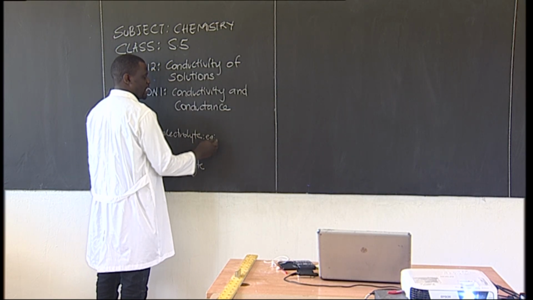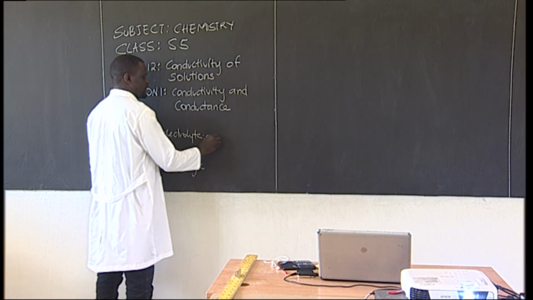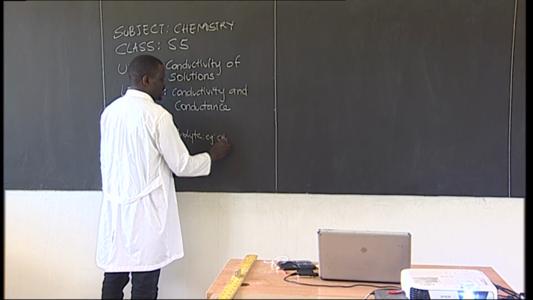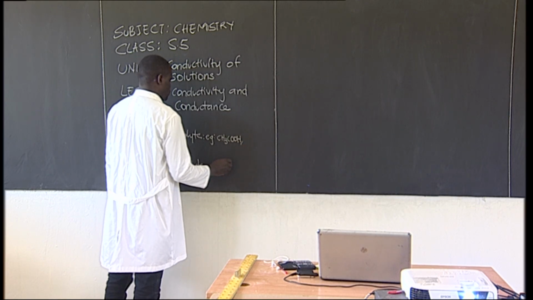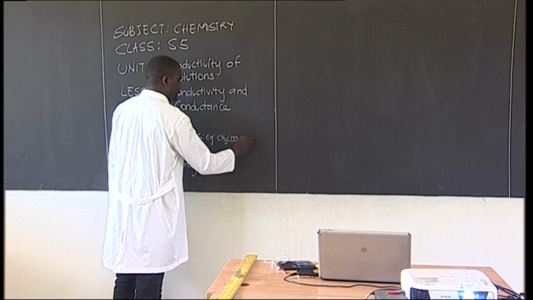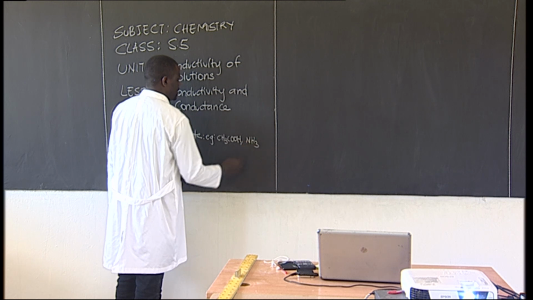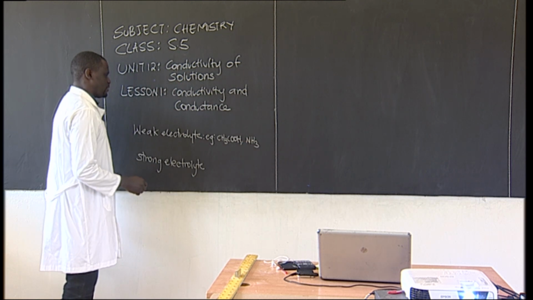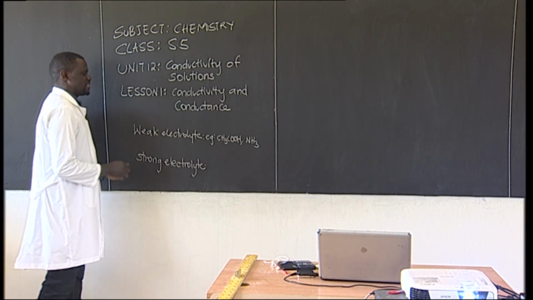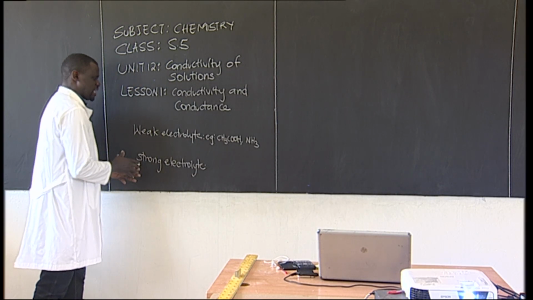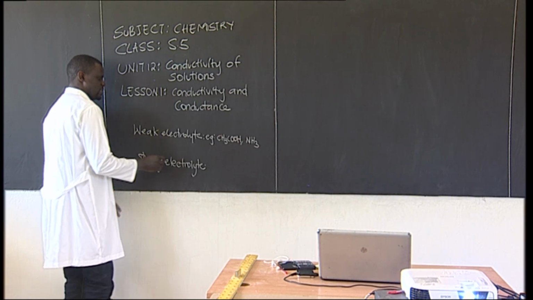Examples of weak electrolytes are ethanoic acid, which is a weak acid, and weak bases like ammonia. Strong electrolytes conduct electricity and fully ionize in solution.